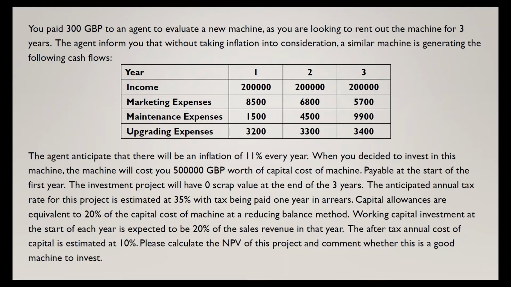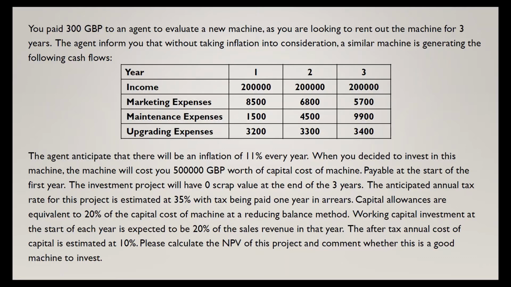Even if you are not going to invest in this machine, you cannot ask this £300 back from the agent because he did his job already. He already evaluated the machine and gave you all the information. There is no way that you can ask for that £300 back.